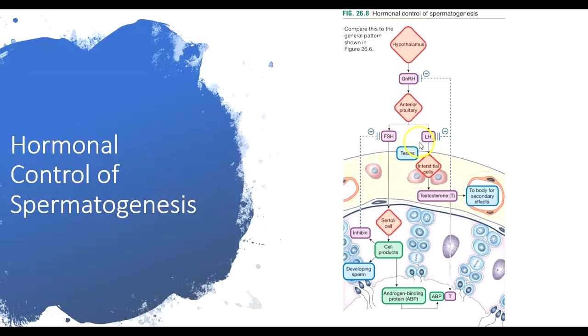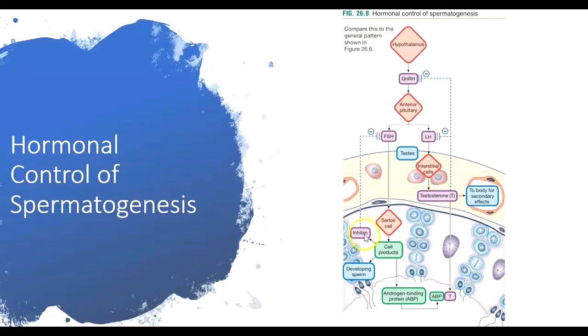To follow follicle-stimulating hormone first, this targets the Sertoli cells, as we can see down here, and they synthesize paracrine molecules required for spermatogonia mitosis and spermatogenesis. Follicle-stimulating hormone also stimulates the Sertoli cells to produce that ABP for testosterone binding and retention.